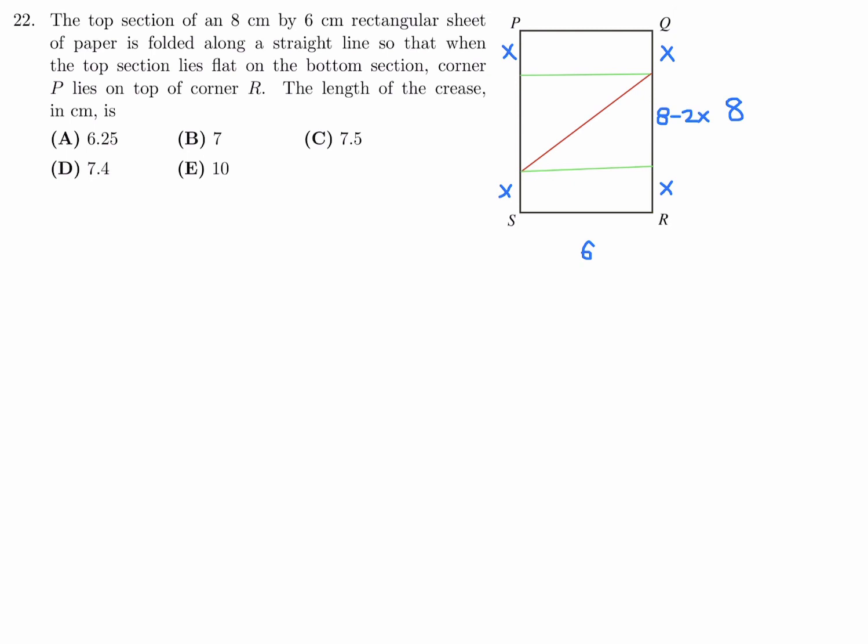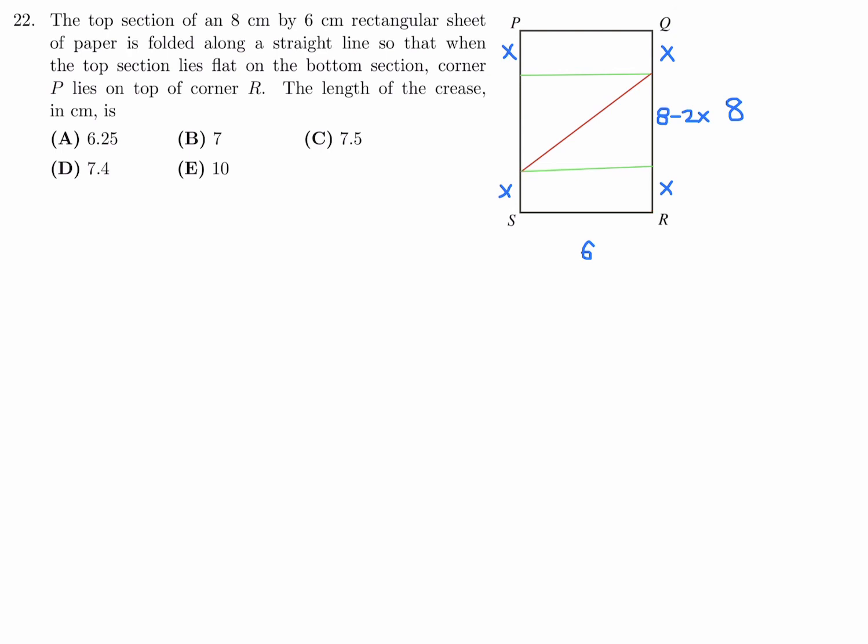And yeah, that's pretty much all we have so far. But the reason I told you I encourage you to do this on a piece of paper is that when you actually make that fold and have P land on R, you'll notice that this segment right here corresponds entirely to this segment from there to there.